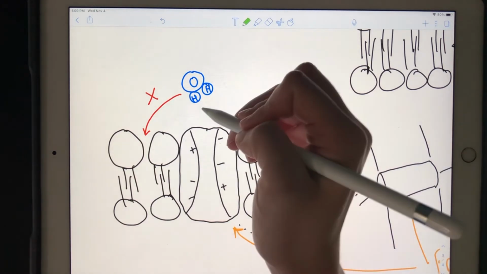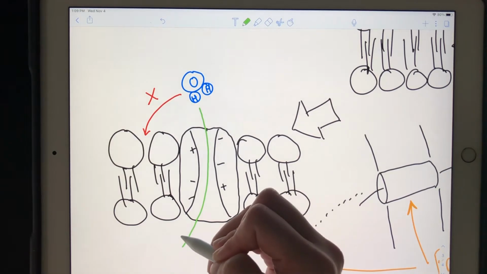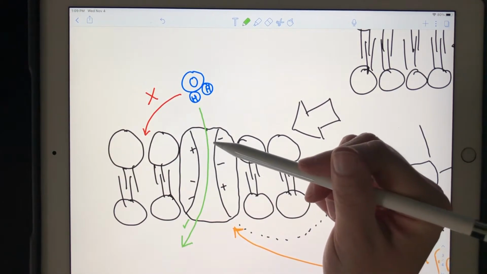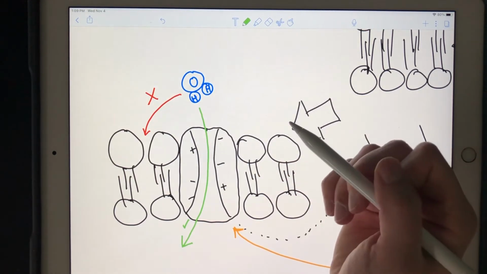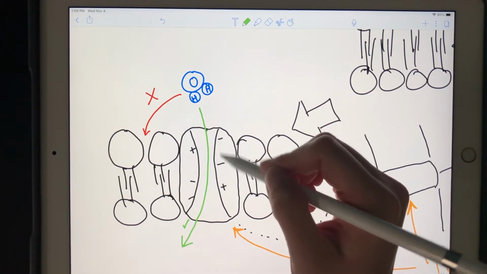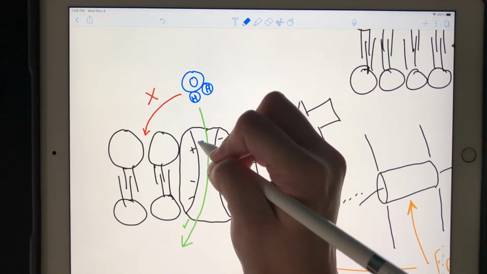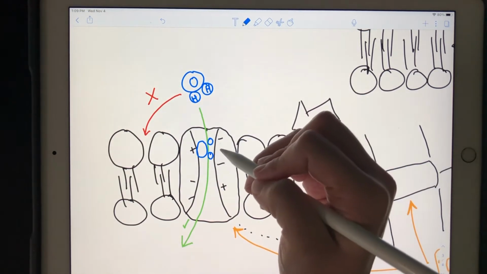And with this protein channel, water is going to be able to pass through. And the protein channels are very specific because of this charge and their shape to what they allow to pass through them. So this protein channel is only going to allow water to pass through because it starts over here and its dipoles are attracted to this area.